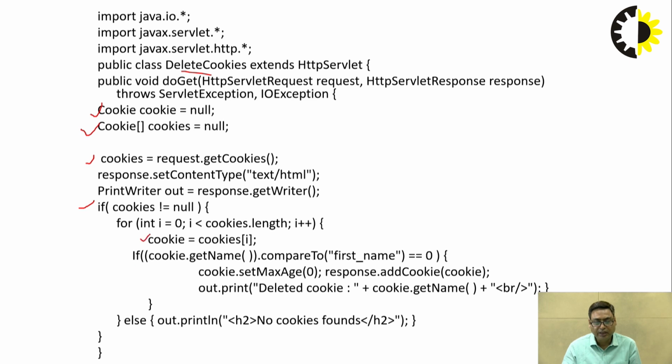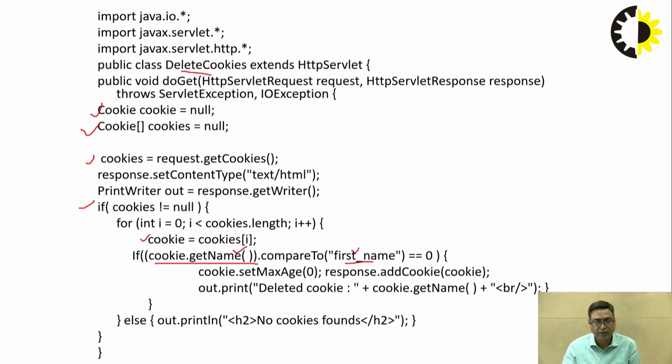Then we take one cookie object from the list of the cookie array, and this is important. We want to delete the cookie with the name first name. So we retrieve the name of the cookie from getName and compare it to first name.